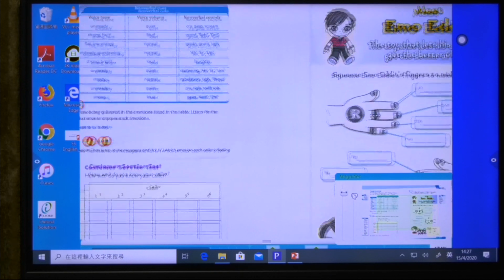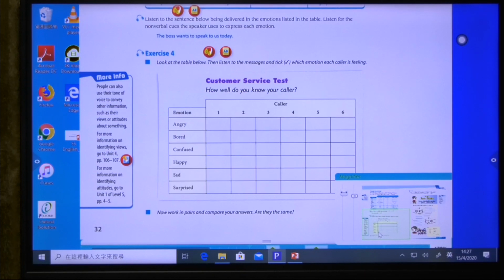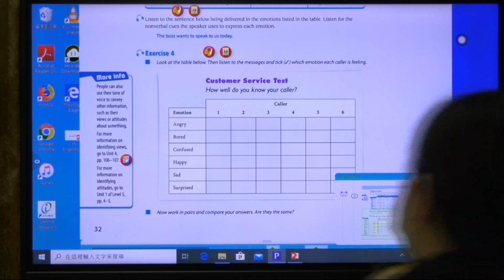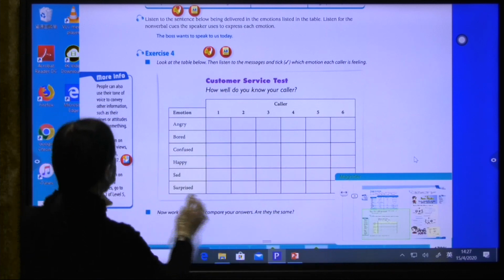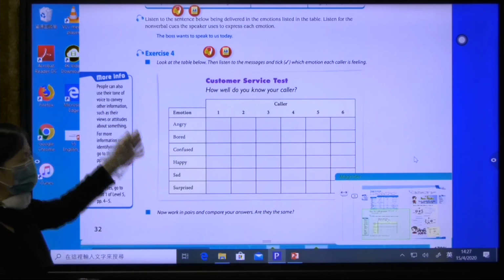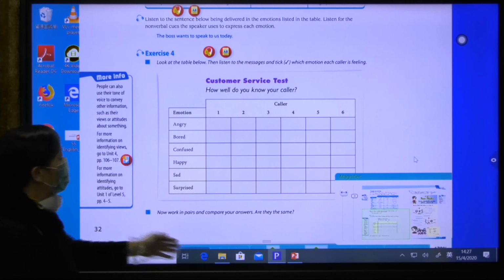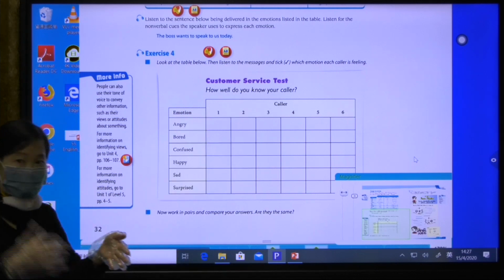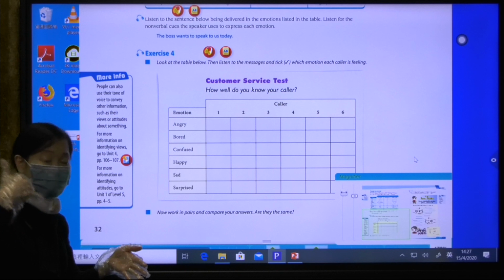So this is exercise 4. Exercise 4 is our customer service test. What's the situation here? This is a form for you to write down the emotions of the people who called.